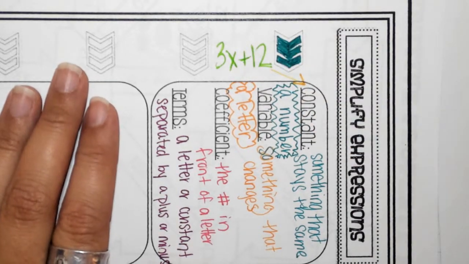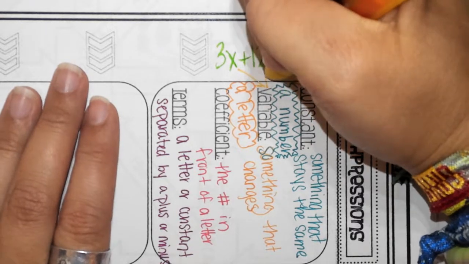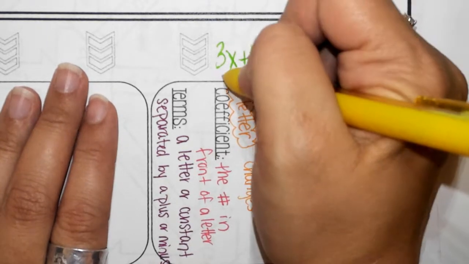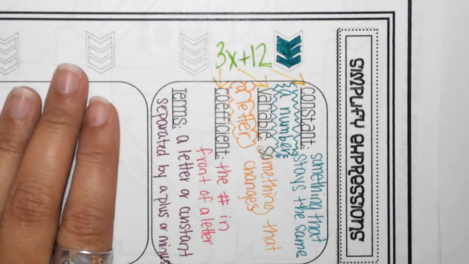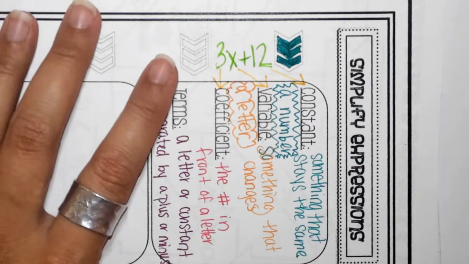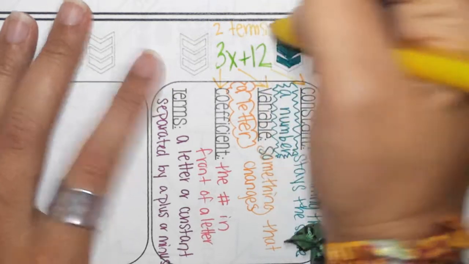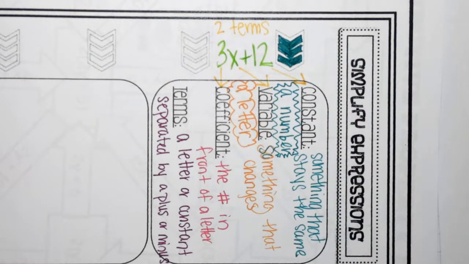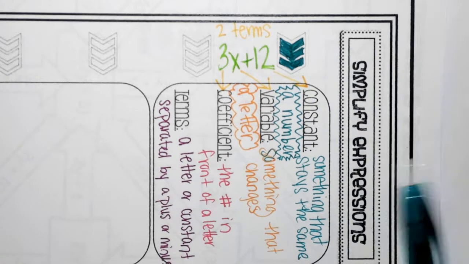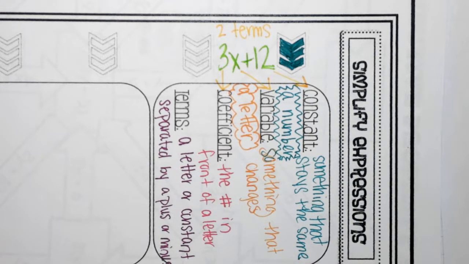The variable is x, the coefficient is 3, and how many terms is this? 2 terms. That's it. Now, we like for them to be in order from the highest exponent to the constant. Just for future reference, that's called standard form.